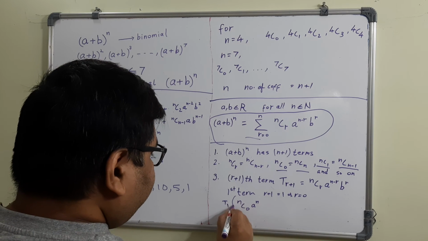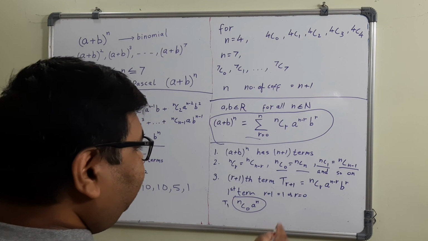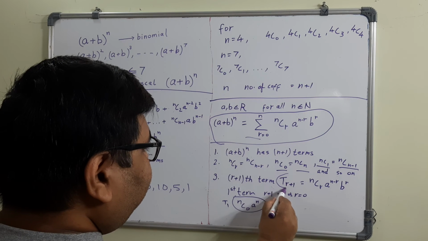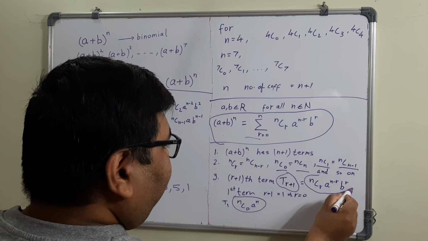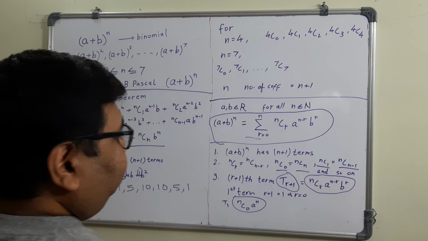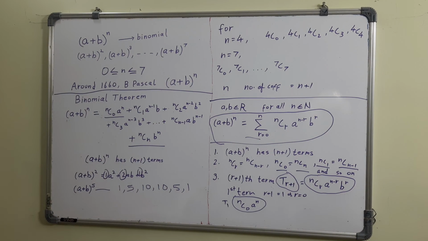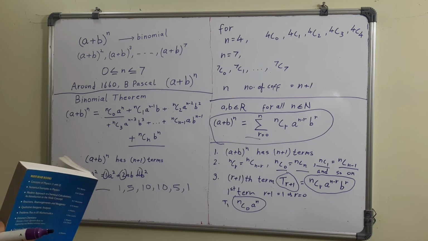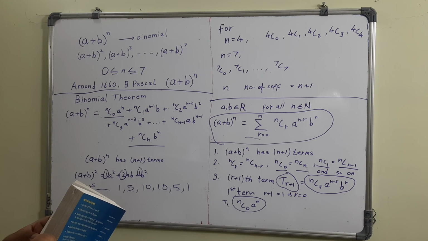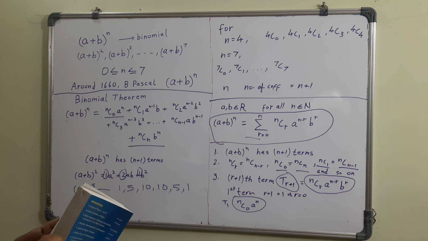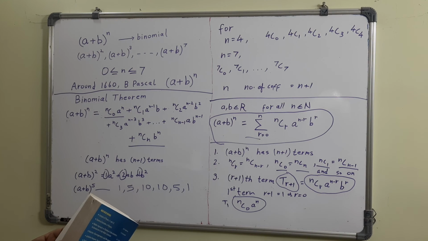This would be the first term. So any term, the (r plus 1)th term, will be equal to nCr a^(n minus r) into b to the power r. So this is the third observation. The general term in the expansion of (a + b)^n is the (r plus 1)th term given by T(r+1) equals nCr a^(n minus r) b^r.